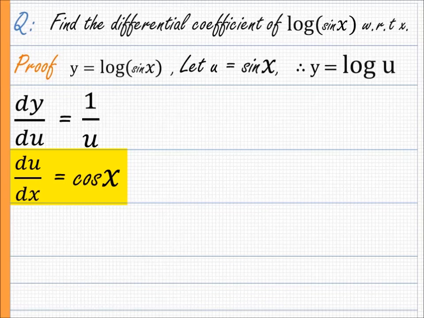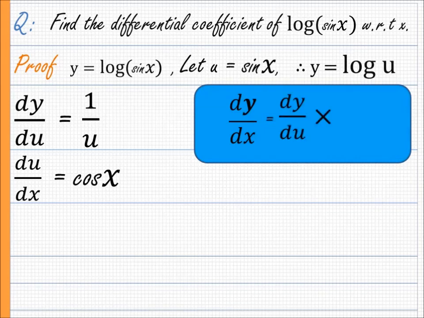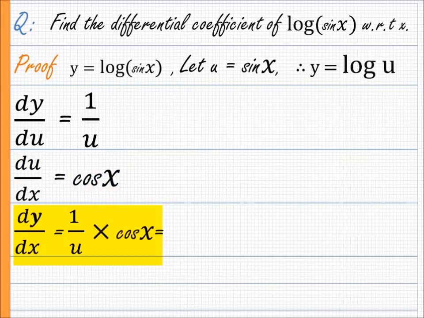Here we have to find the value of dy upon dx, and as per the chain rule, dy upon dx is equal to dy upon du into du upon dx, which is 1 upon u into cos x.